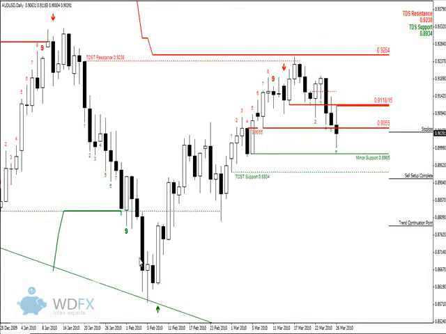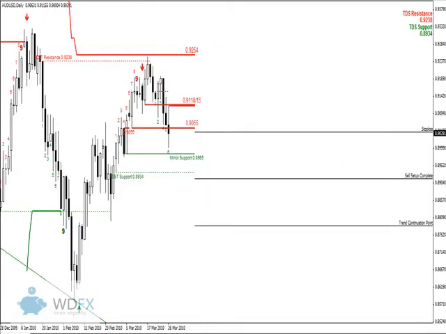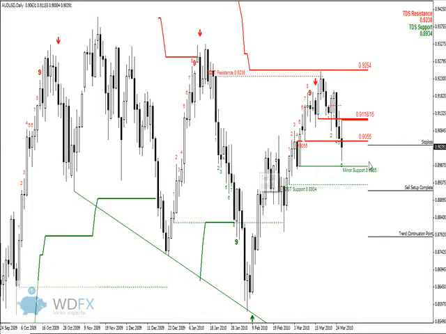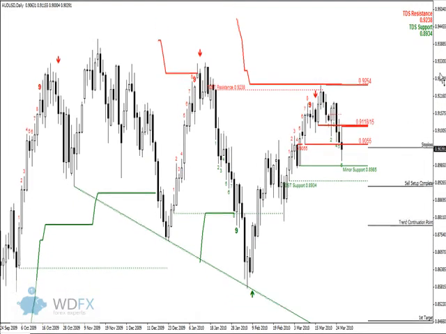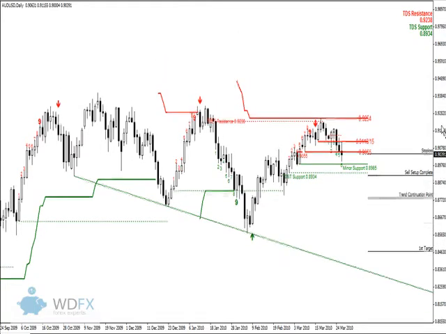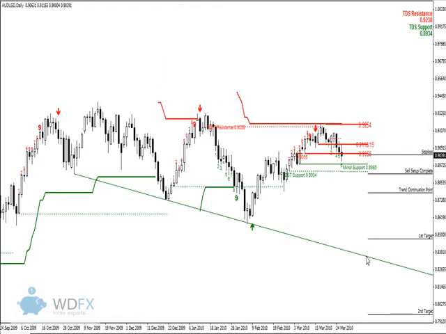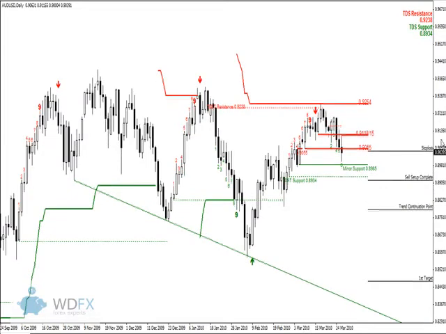Interestingly, I've been doing a bit of calculations this weekend, and we've got this second target just below the 80 mark. As we all know, the Aussie dollar has lagged behind the euro dollar and the pound dollar.